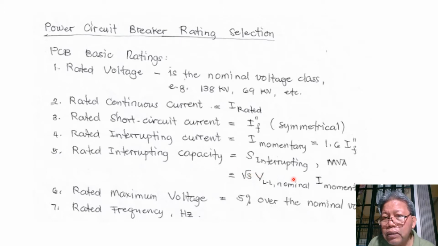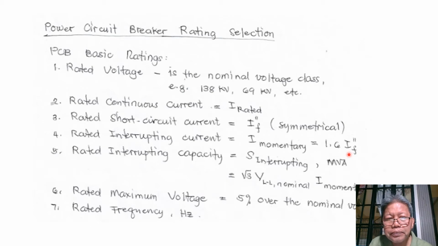In other words, it will decay from its appearance at the time of a short circuit. After a few cycles, this DC component will disappear. So at the beginning of short circuit, the highest DC component is about 60% of the symmetrical fault current IF double prime. So it is that what we call the momentary current rating, 1.6 times the sub-transient fault current.